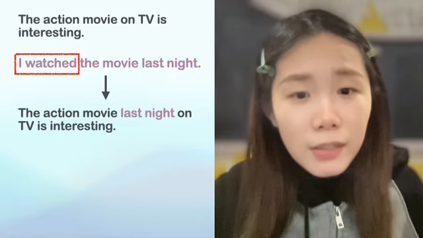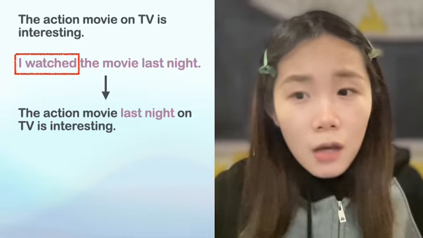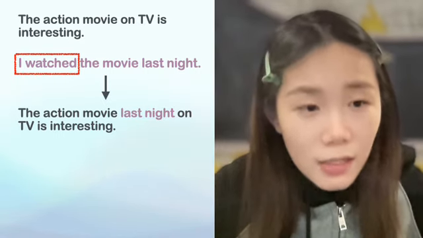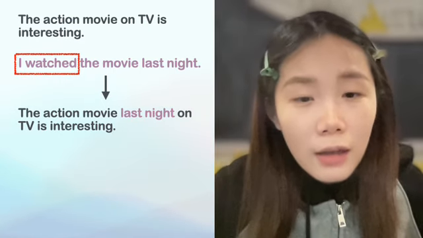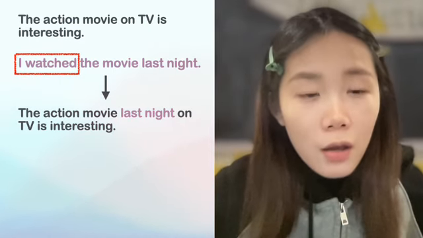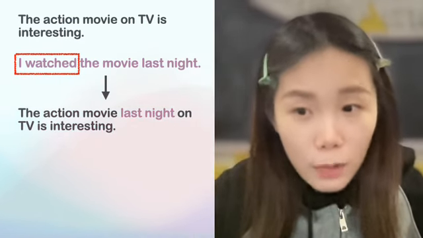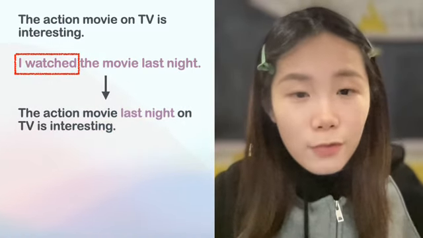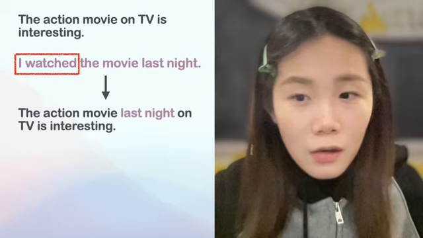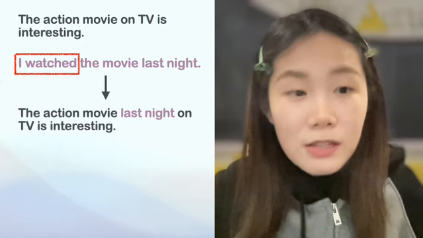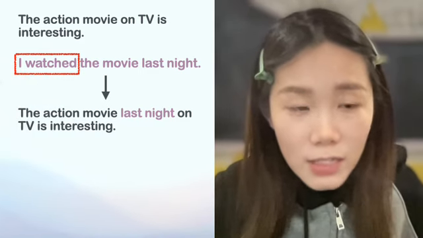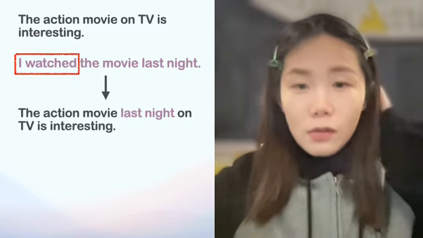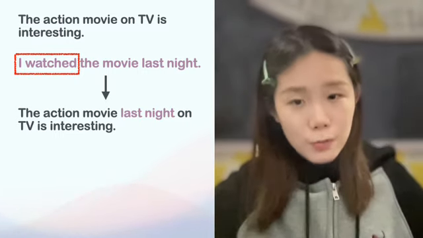The problem here is that within one sentence, we have two verbs without transitional words, and the two verbs come after different subjects, right? Okay, how can I solve this problem?